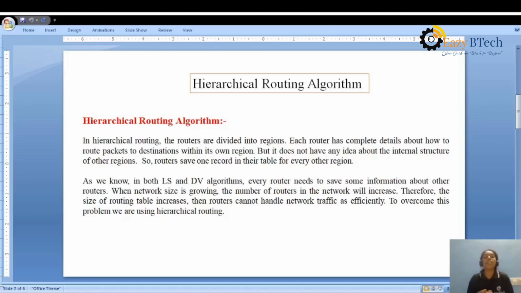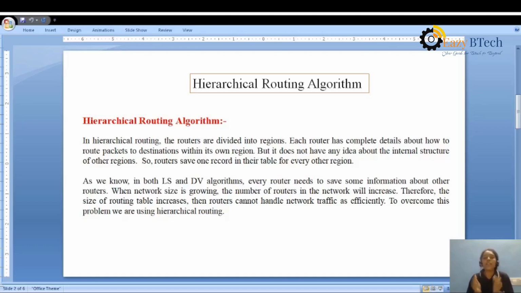So for passing a packet from source to destination efficiently in a larger network, hierarchical routing is used. Hierarchical routing reduces the network traffic.